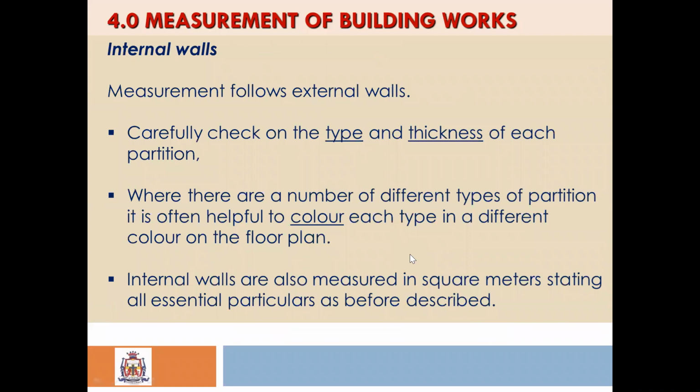Then after you are done with the external walls, you go to the internal walls. Here the measurement follows a similar incidence of the external, but you must carefully check on the type and thickness of each partition. I said check. Now, this we normally trick in the exam.